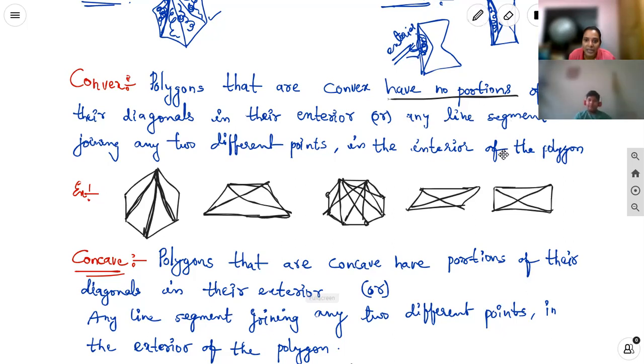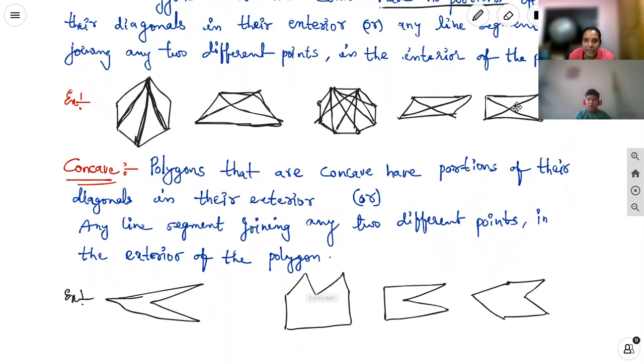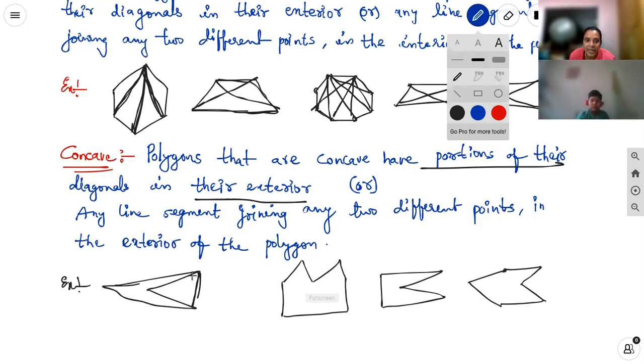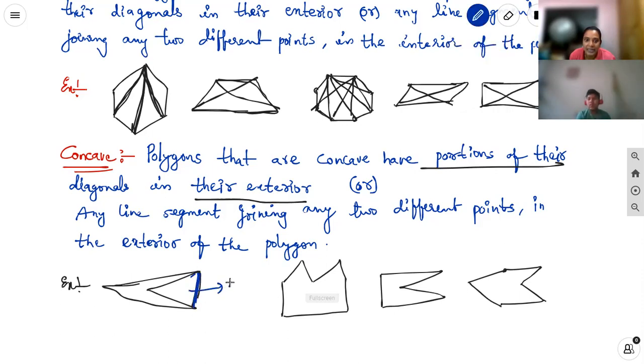Next, concave is the opposite of convex. Polygons that are concave have a portion of their diagonals in their exterior, that is, any line segment joining two different points lying in the exterior of the polygon. For example, in these figures, if we draw this diagonal, it is exterior to the polygon.